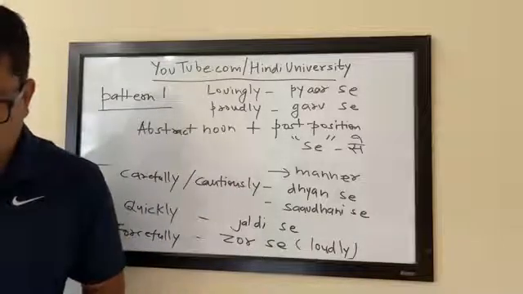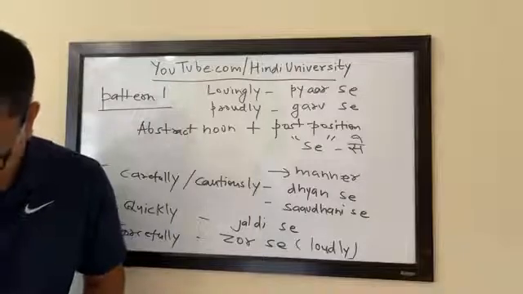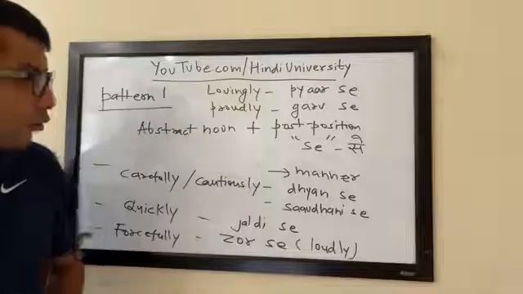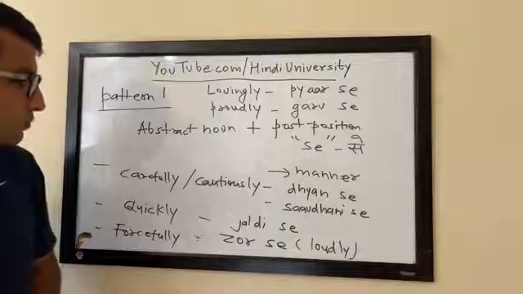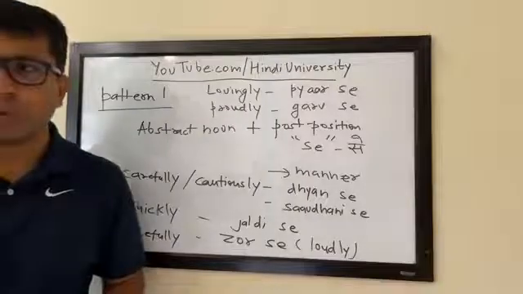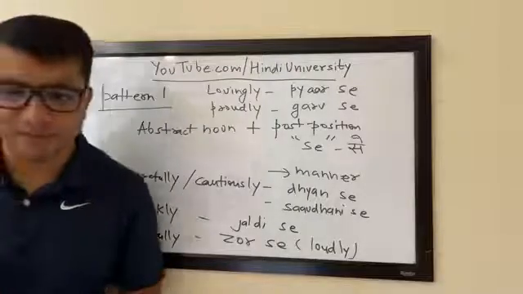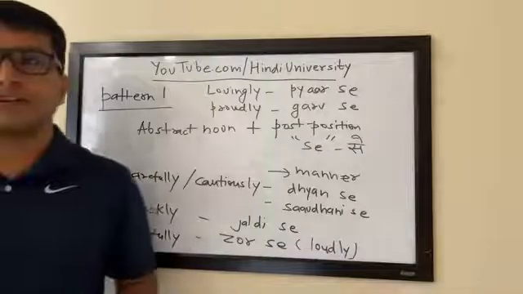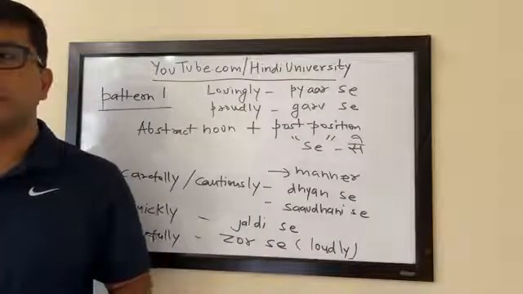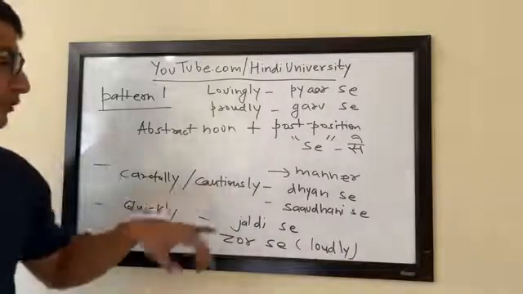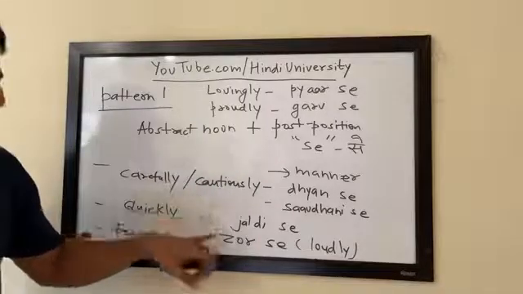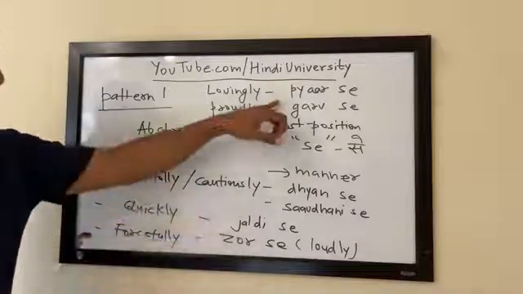Okay, let's do some basic sentences. Who wants to go first? Who wants to make a very simple sentence? Don't make longer sentences. Start very simple and then try to fit an adverb within that. One of these adverbs: cautiously, jaldi se, zor se, pyar se, or garv se.